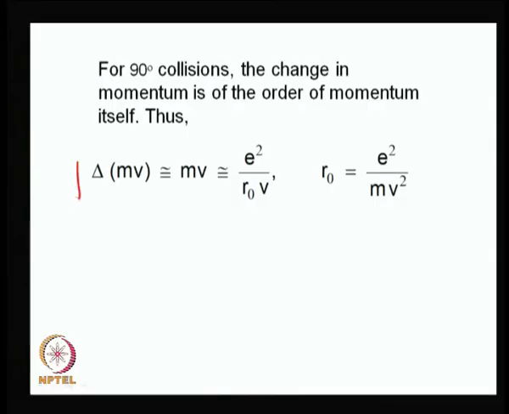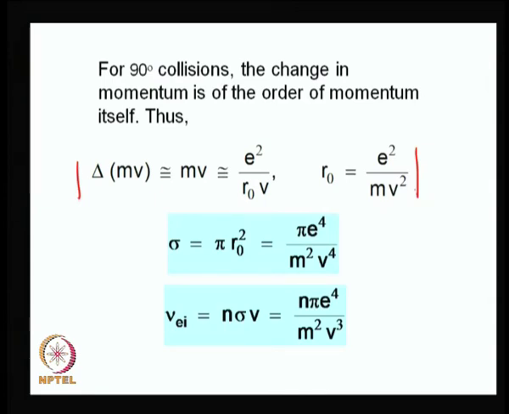So, we have an equation which gives us the change in momentum as e squared upon r0 v, from where we get an expression for the impact parameter as r0 equal to e squared upon m v squared.